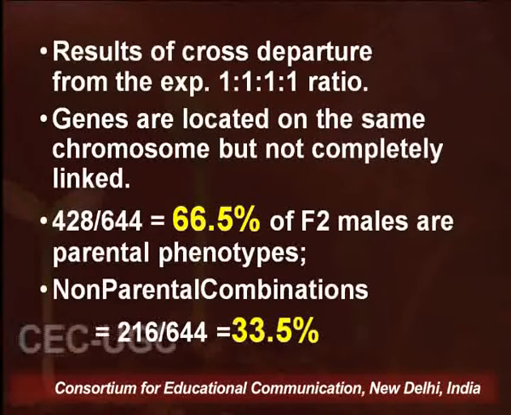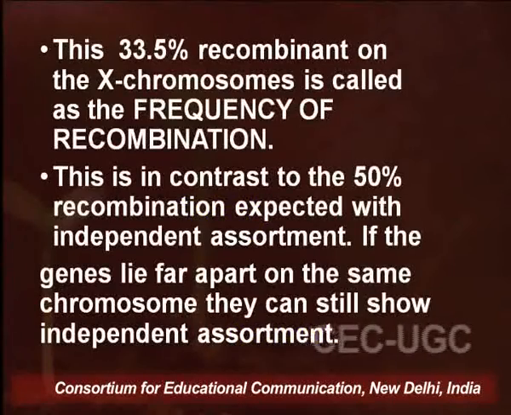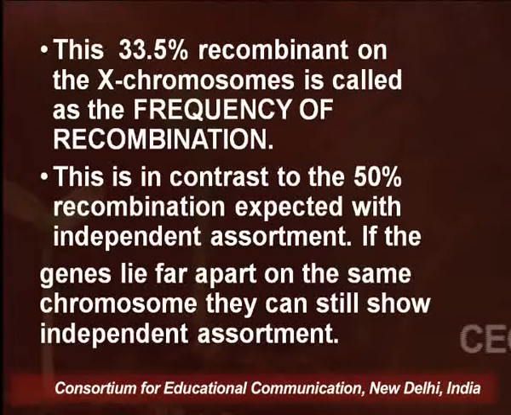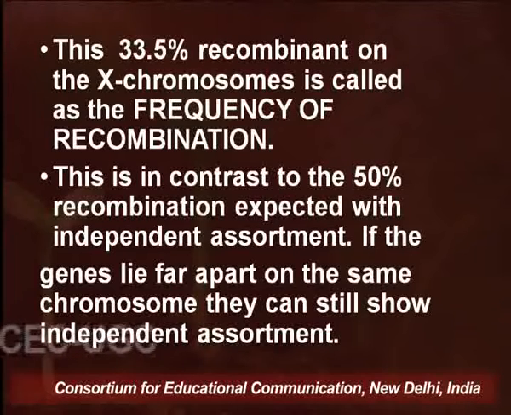But in fact it is 66 versus 33. That means this is the frequency of recombination, that is the 33.5% of the recombinants. This suggests that out of 100, 33.5% are the non-parental combinations.